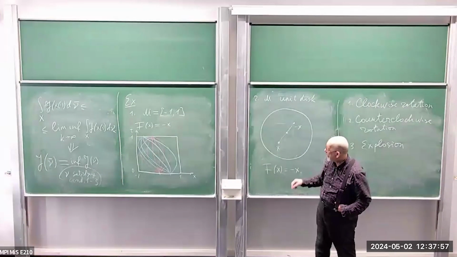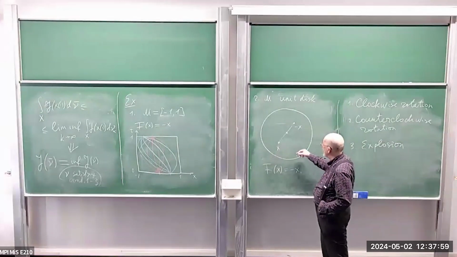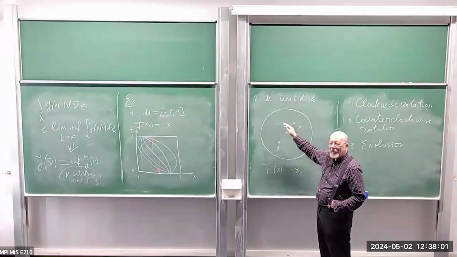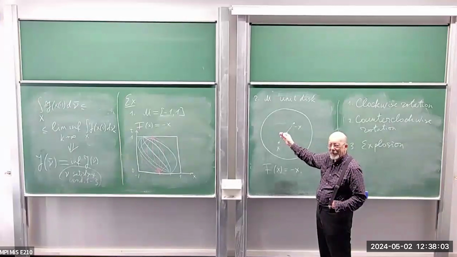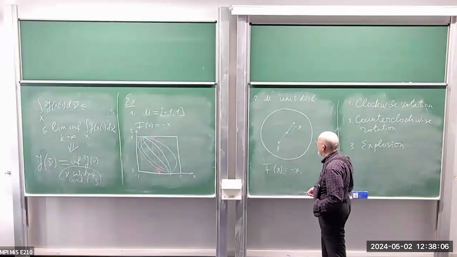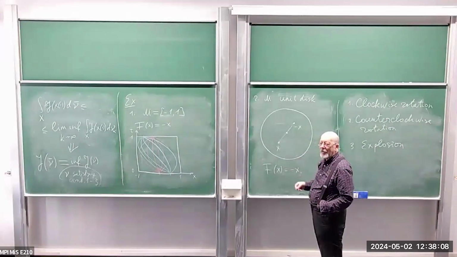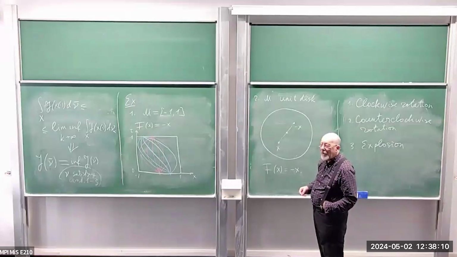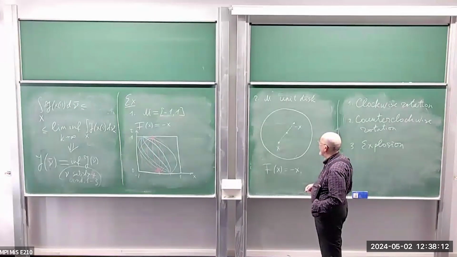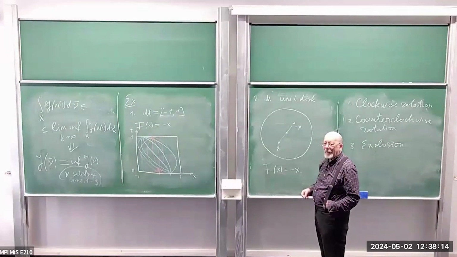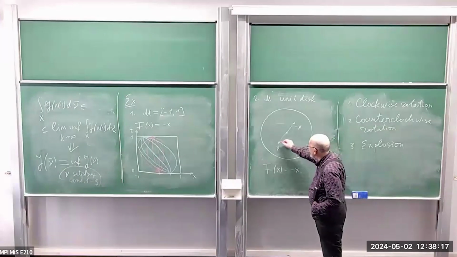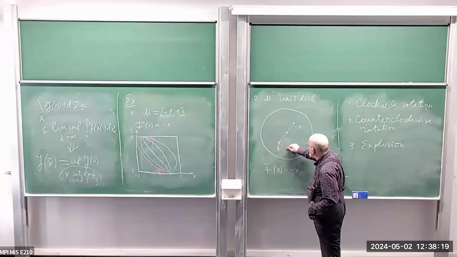Yes, these particles are moving in the parabolic field of potential, so they are moving along an arc of an ellipse, and at time one, they all together reach the opposite point. So it looks like this.